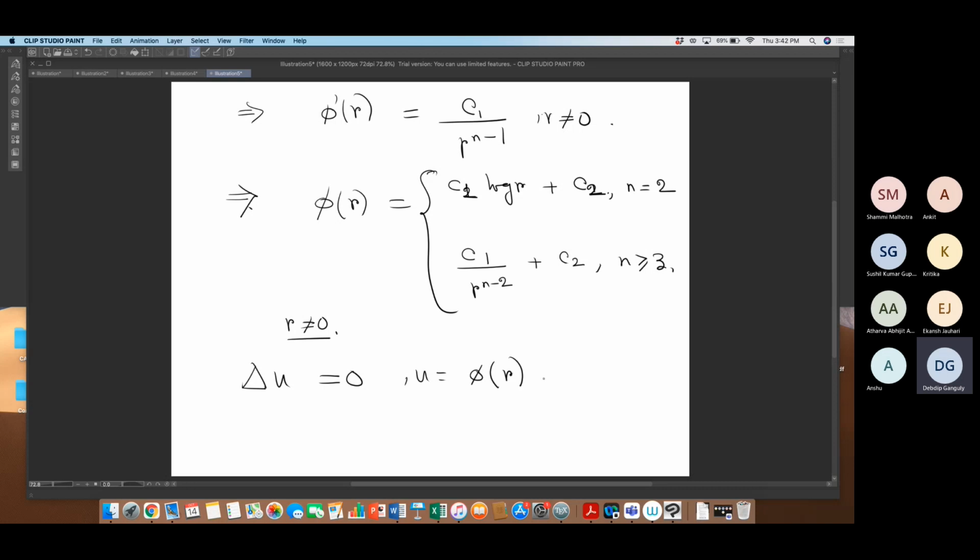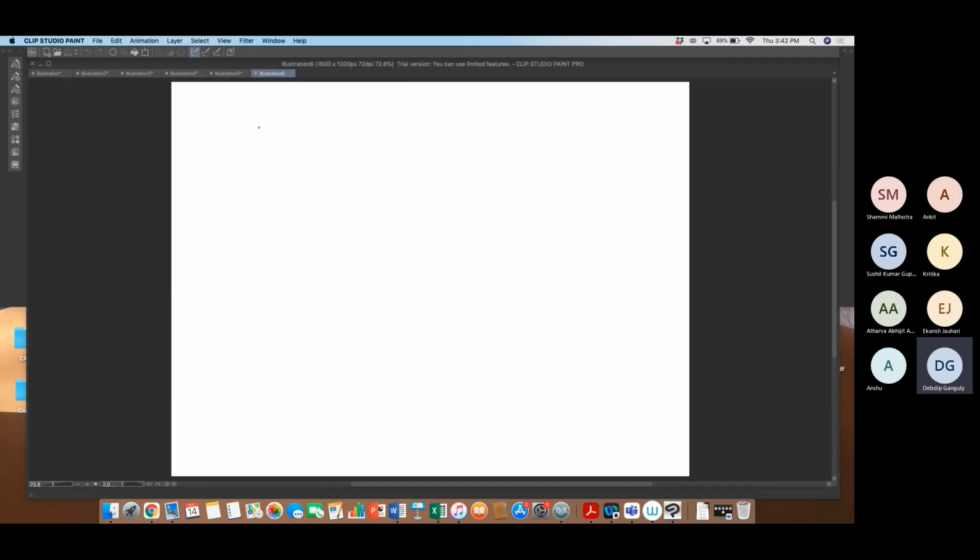We know that the harmonic functions are c1 log r plus c2 if n equal to 2, and c1 by r to the power n minus 2 plus c2 if n greater than 2, for r not equal to 0. So you have solved all the harmonic functions. So what is the harmonic function? Laplacian of phi r is equal to 0 for r not equal to 0.